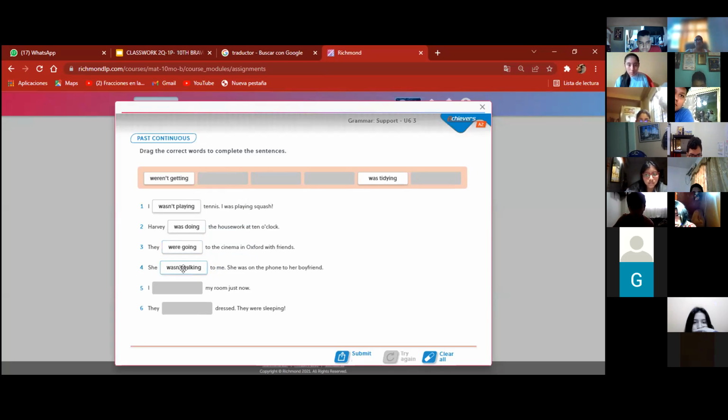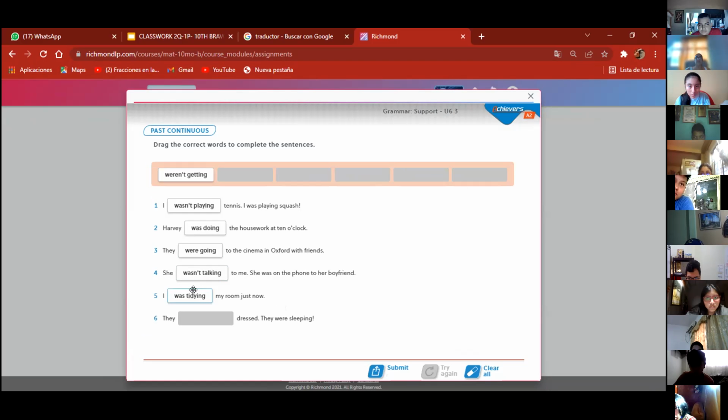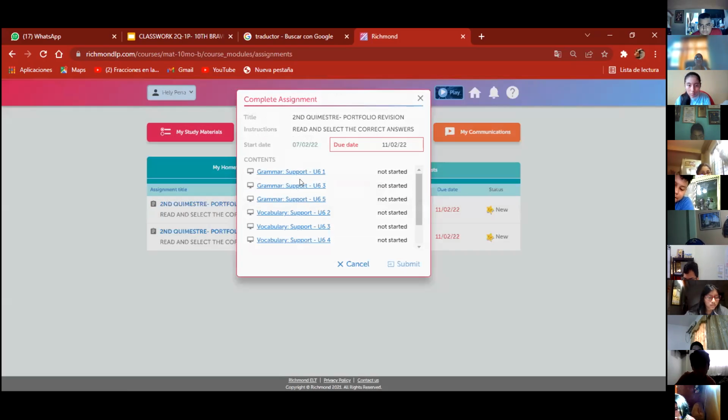Bien. Recuerde que si se cierra la sesión, no hay ningún problema, no nos volvemos a conectar. Usted tiene que seguir trabajando, terminar estas actividades.